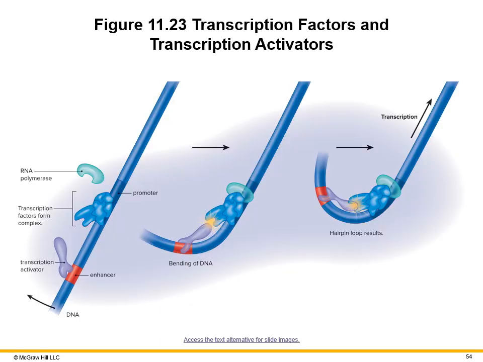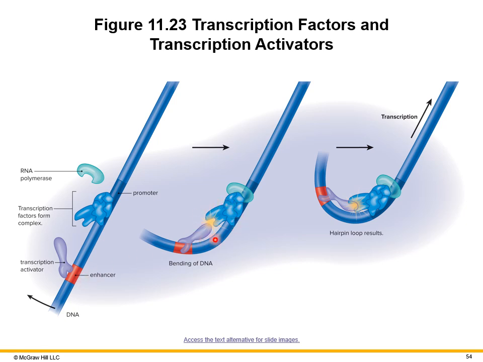Okay, so here we see the different transcription factors and RNA polymerase. Before RNA polymerase binds to the promoter, where transcription is going to start, the transcription factors here are going to form a complex, combined together. And also we have another transcription factor called the activator bound to the enhancer region of DNA.